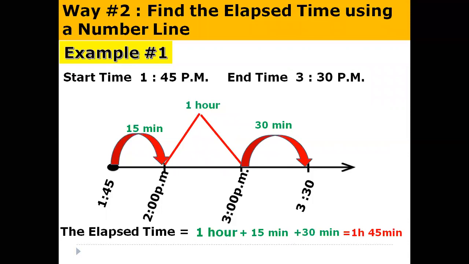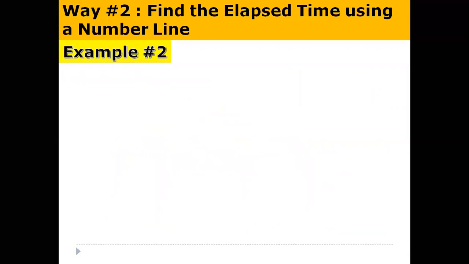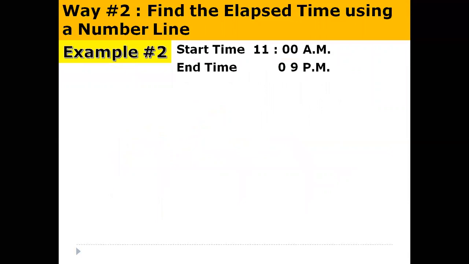Let's do another example about using the number line. The starting time is 11 a.m. and the ending time is 1 and 9 minutes p.m. Now, draw your number line. Start with the starting time.